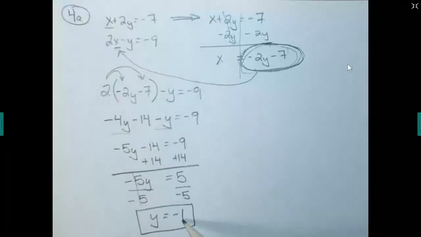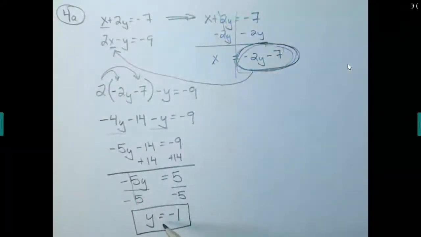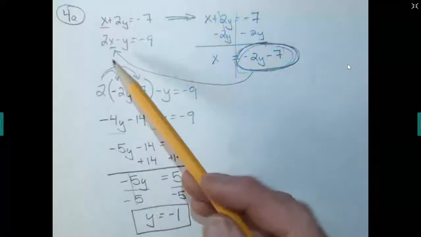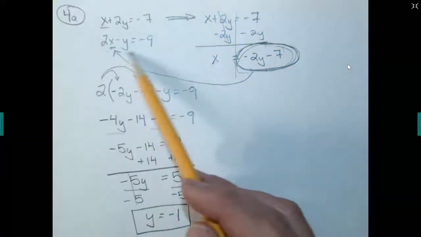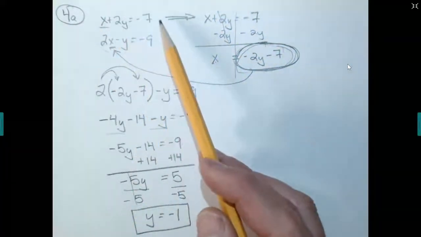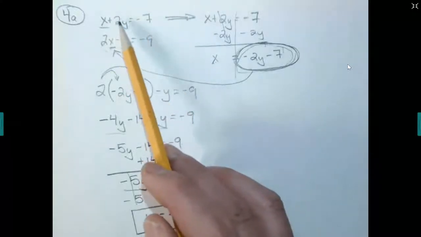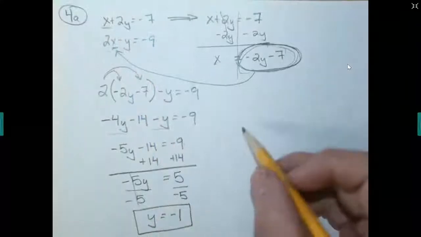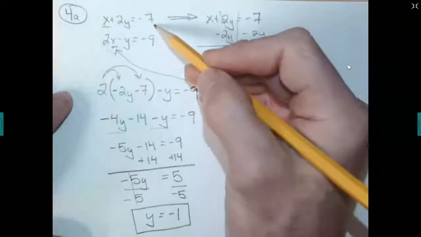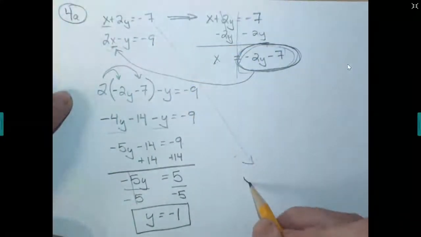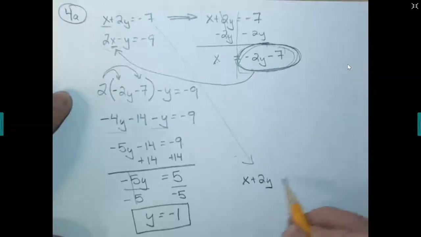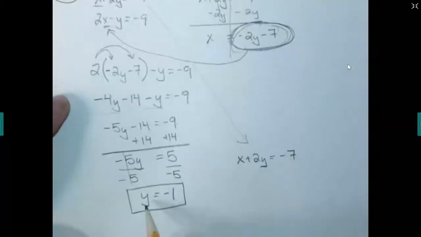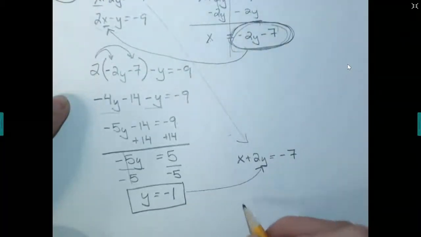Now I need to find my x point, so I have to plug this y into either this equation or this equation. And I think I'm going to go with this equation because my x is simple here. So if I rewrite this equation, x plus 2y equals negative 7, and I plug this y in right there.